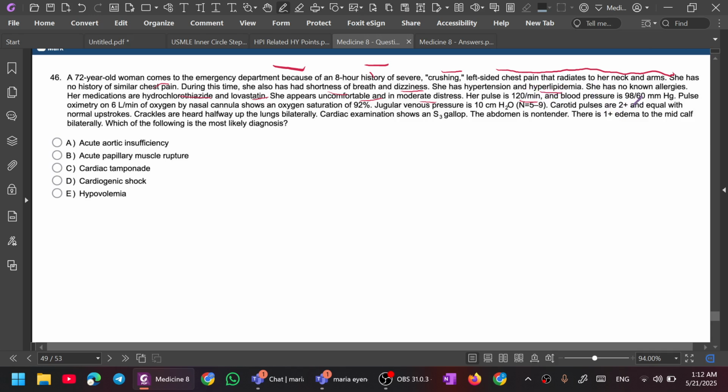Pulse is 120 per minute, blood pressure 98 over 60. Pulse oximetry is 92% on 6 liters per minute by nasal cannula. JVD is 10. Carotid pulses are 2 plus and equal with normal upstroke. Crackles are heard halfway up the lungs bilaterally. Cardiac examination shows an S3 gallop. Abdomen is non-tender. There is 1 plus edema to the mid-calf bilaterally. Which of the following is the most likely diagnosis?